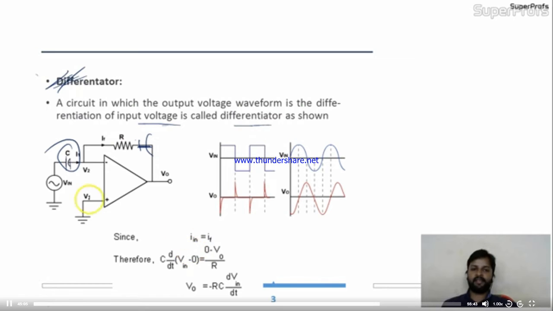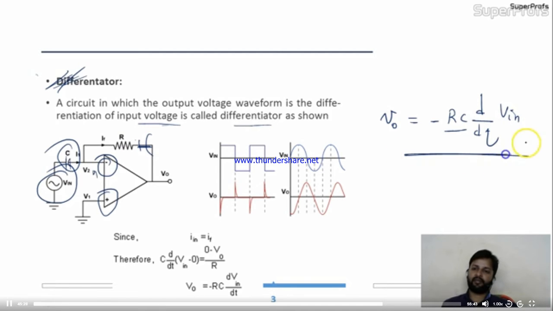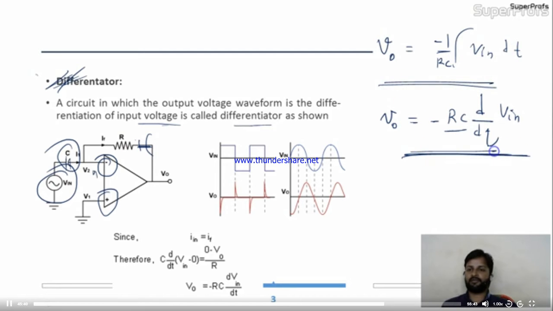So in this case, again, the non-inverting terminal and V1 will be over here, V1 and V2 both will be 0. So in this case, the output you will get will be minus RC d by dt of V in, definitely minus. In the integrator case, it was minus 1 by RC times the integral of input, here it is the differentiation of input.